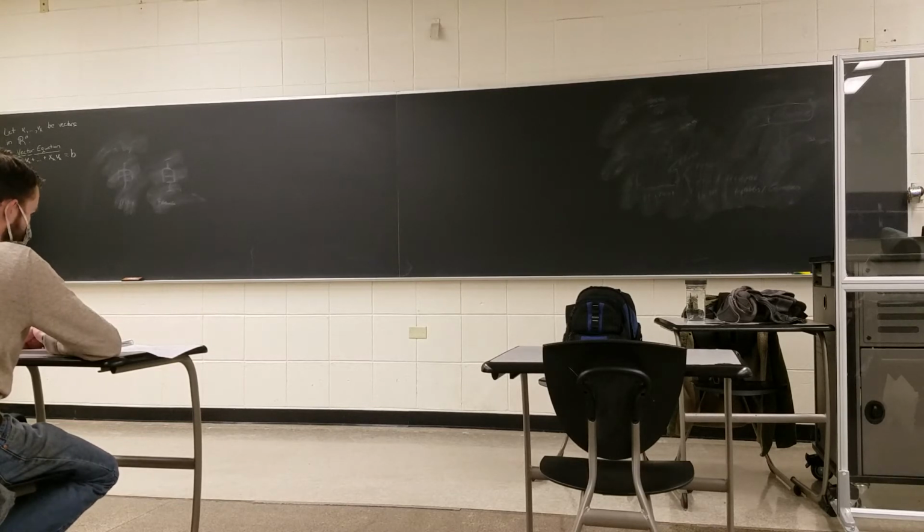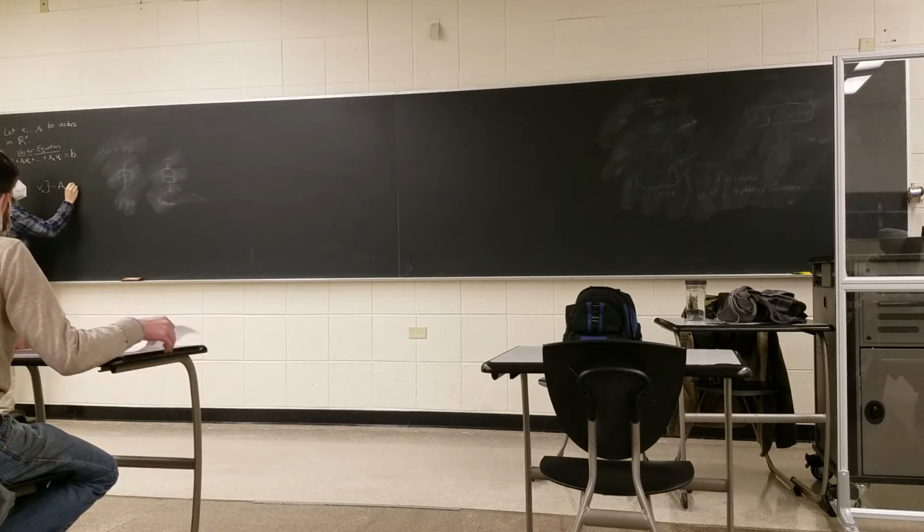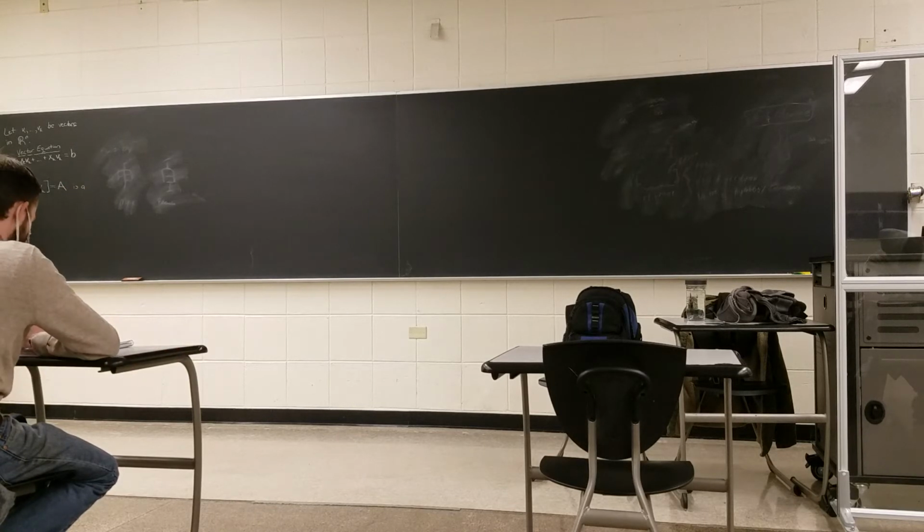Okay, so a convenient way to write this is v1, v2, up to vk. I'm going to give this a name, I'm going to call it capital A. So this is a matrix. We can even say what the size is.